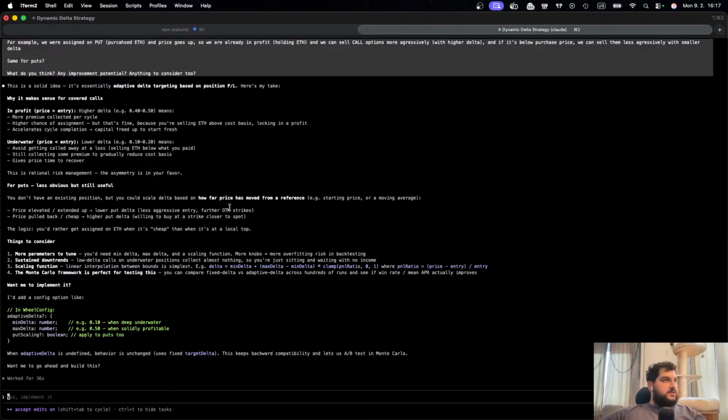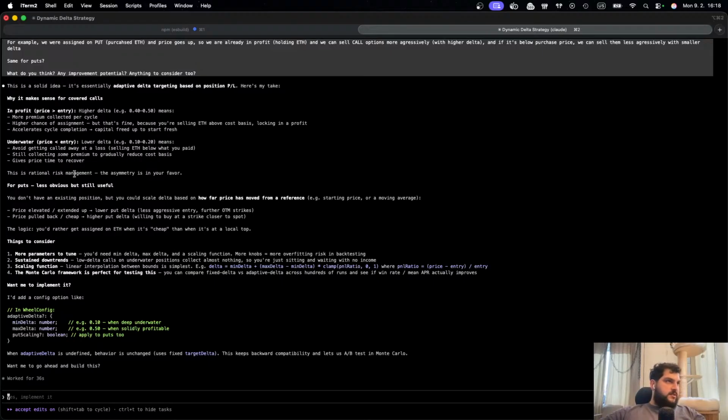Price pulled back, cheap: higher put delta, willing to buy at a strike closer to spot. So the logic here is you'd rather get assigned on ETH when it's cheap rather than when it's at a local top.